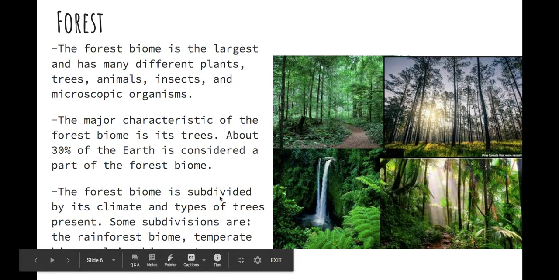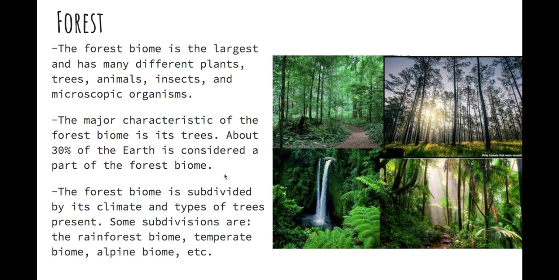The forest biome is subdivided by its climate and types of trees present. Some subdivisions are the rainforest, temperate biome, the alpine biome. So remember, like the different types of temperature that it has. The Amazon tends to be a little bit more humid and hot, meaning that different plants and animals can live in those areas. But it is huge and it covers a big part of our Earth.